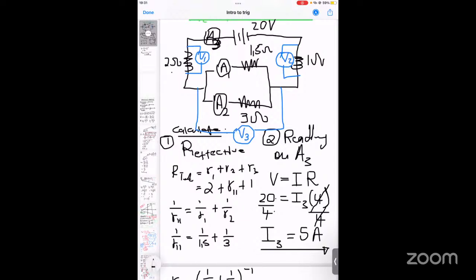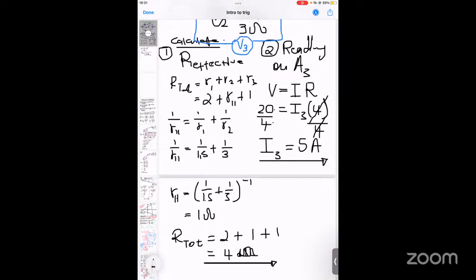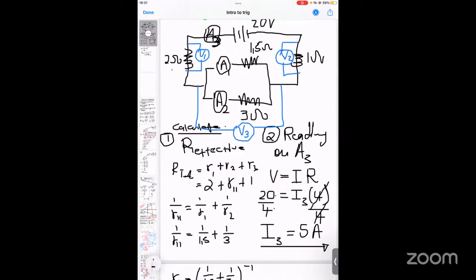So now the next question is, we calculate the reading on V1, V2, and V3. Let me just write it there: question number 3, calculate the reading on V1, V2, and V3.